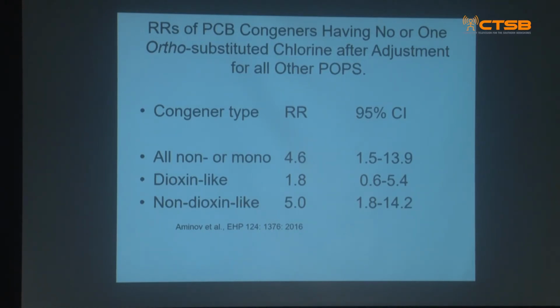Their 95% confidence limits include numbers below 1. But for the non-dioxin-like that are low chlorinated, they had an odds ratio, a risk ratio of 5. 5-fold greater risk of developing diabetes, probably by breathing in PCBs from the air.